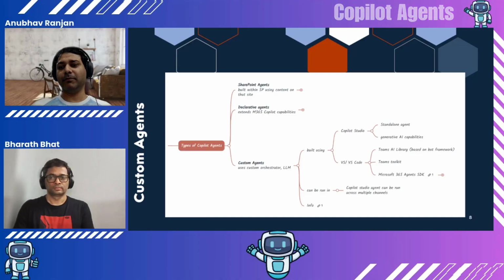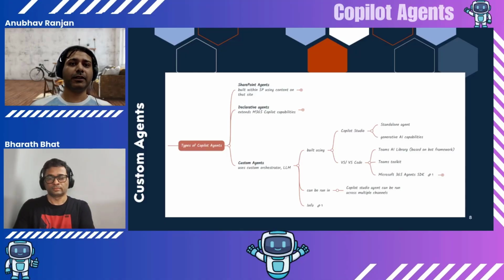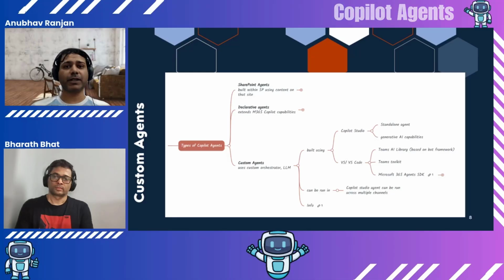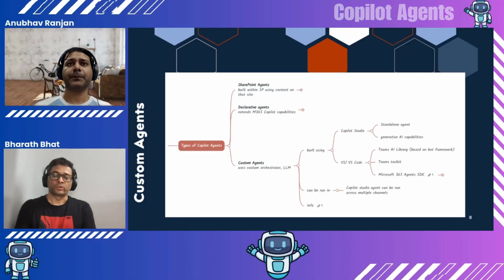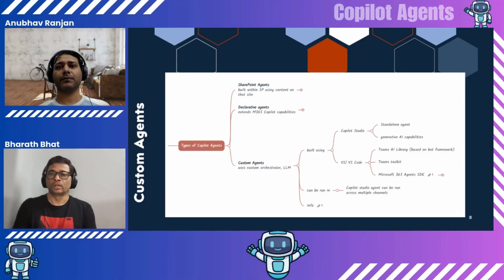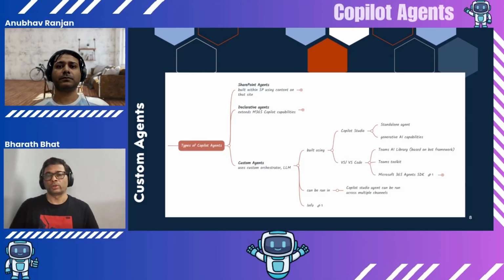In simpler terms, when we say our own LLMs, maybe for legal use, or you have your own models which can recognize images, or you trained your LLM based on those models, when you want to bring any of those things, that's where custom agents come into the picture. So where you have use cases focusing on proprietary information for which you have trained your own language models, that's where you would build a custom agent.